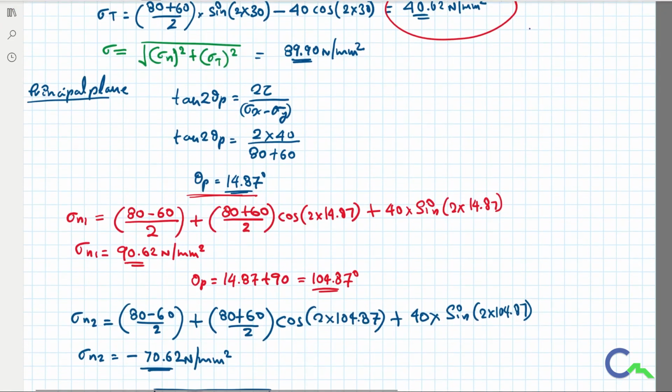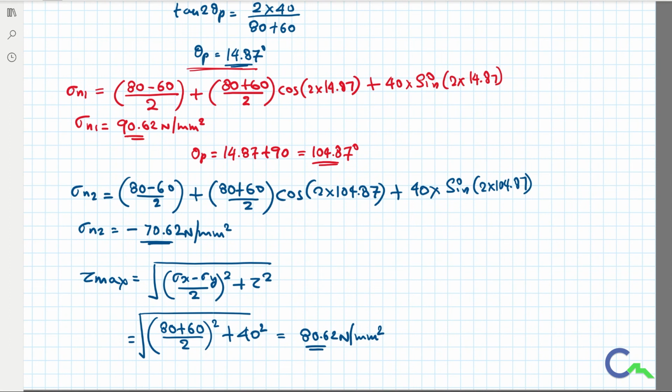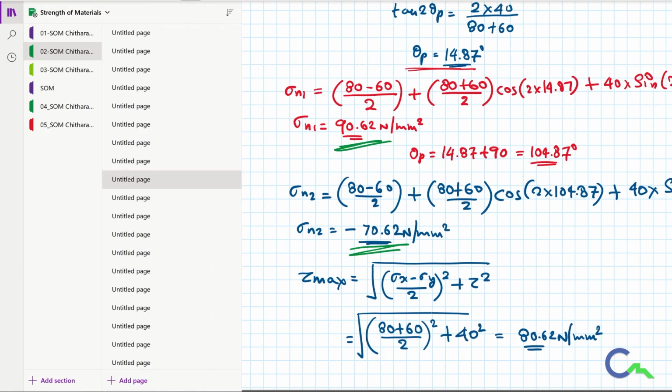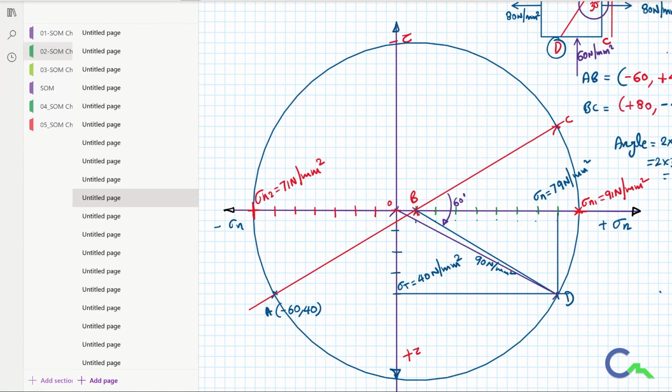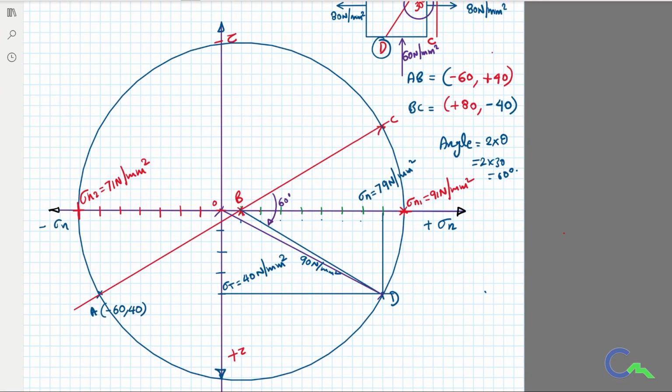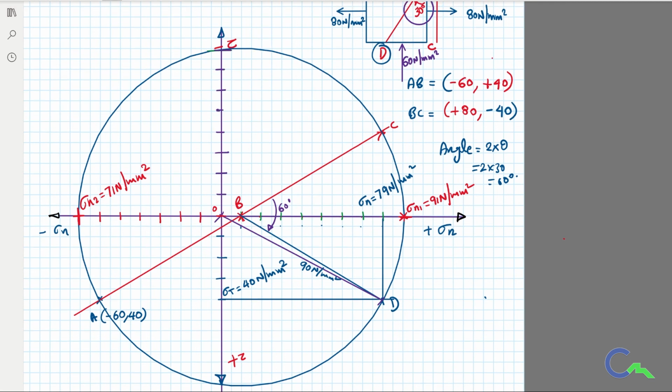For the principal stresses, we got the first value 90.62, and the second value minus 70.62. Those are the two principal stresses, the major principal stress and the minor principal stress. Now the question is, what is the maximum shear stress? Tau max I can measure here.